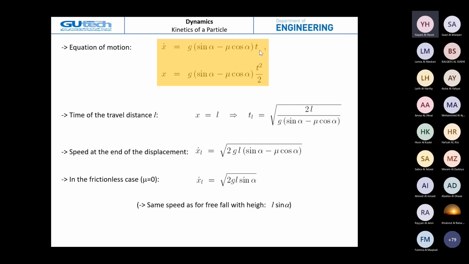We have the time t, and we replace it by this value. Then we get x dot at L.